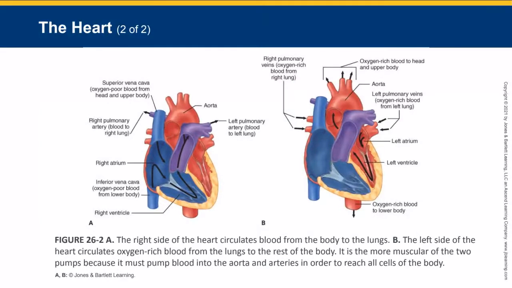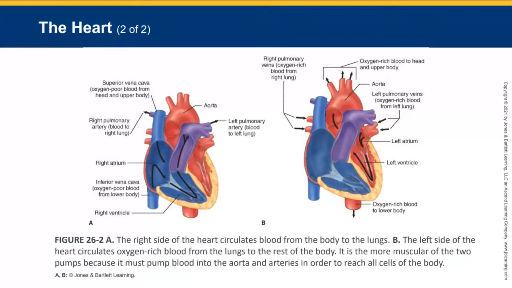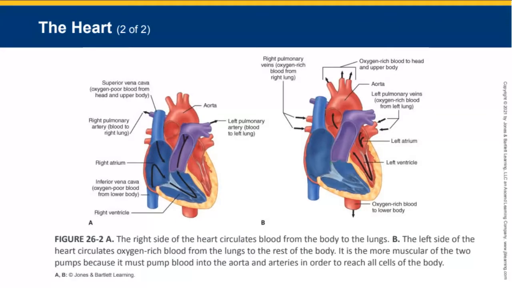The right side of the heart circulates blood from the body to the lungs. So the right side of the heart is the deoxygenated side, or the dirty side, as I would say. The left side of the heart circulates oxygen-rich blood from the lungs to the rest of the body. So the left side of the heart is responsible for receiving and distributing oxygenated blood.